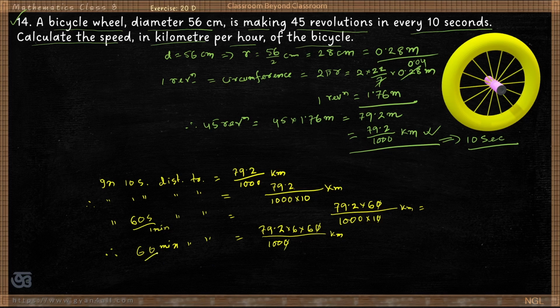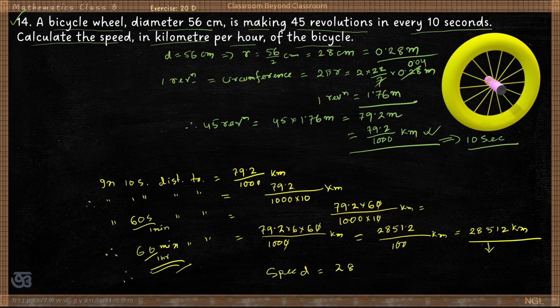Now 60 minutes means 1 hour, and if you simplify it, this is equal to 2851.2 divided by 100 kilometer, or you can say 28.512 kilometer, and this much distance is traveled in 1 hour. So what is the speed? Speed is equal to 28.512 kilometer per hour.